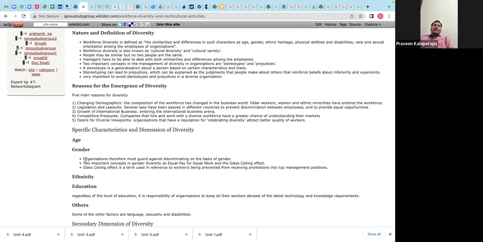So why exactly is diversity required? First, we have companies now across multiple locations and multiple places. You obviously can't avoid diversity when you have multiple geographies in the picture.